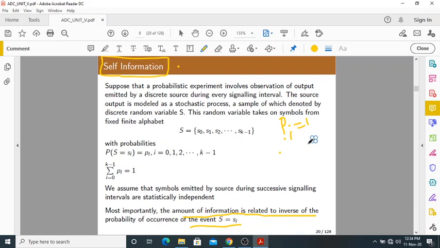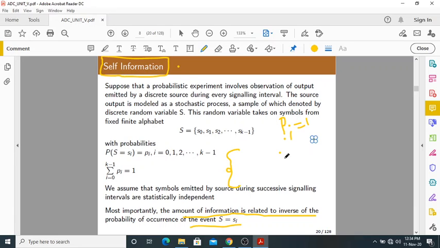The symbol Si is a certain symbol, meaning that symbol occurs for sure. That is compulsory, that is obvious. The symbol Si occurs definitely with probability 1, which means the remaining symbols have probability 0. You know all these things already.